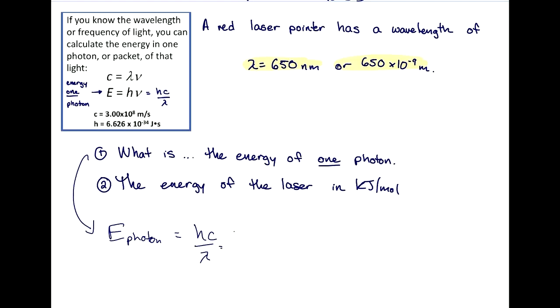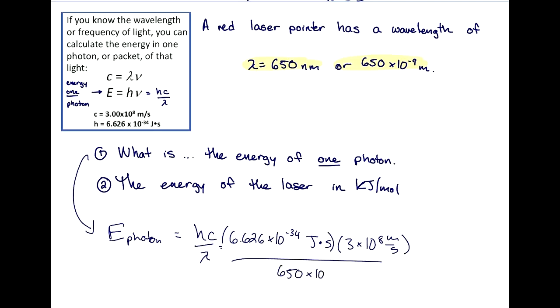So we plug in those numbers: 6.626 times 10 to the negative 34 joule seconds, the speed of light, 3 times 10 to the 8 meters per second, over the wavelength, 650 times 10 to the negative 9 meters. You see meters cancel, seconds cancel, and you get a value in joules. But this is the energy of just one single photon.